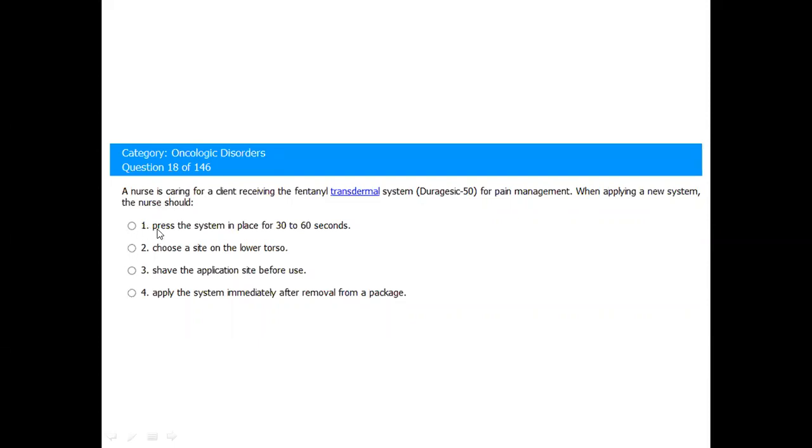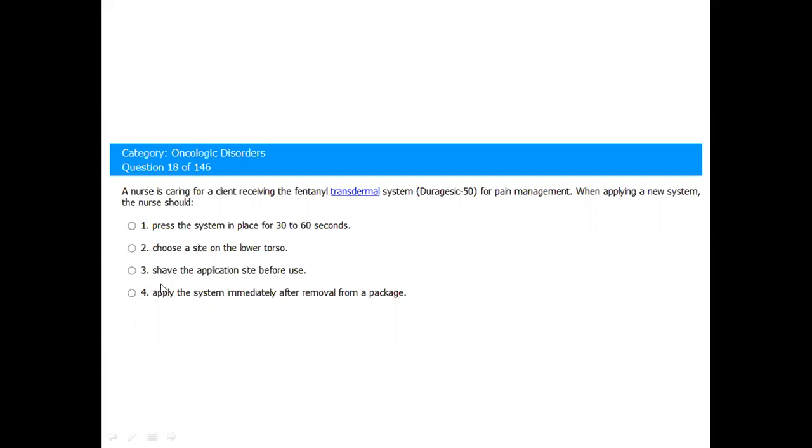Number 1, press the system in place 30 to 60 seconds. That is too long, it is less than this. Number 2, choose a site on the lower torso. It is not the site for a transdermal patch. Number 3, shave the application site before use.